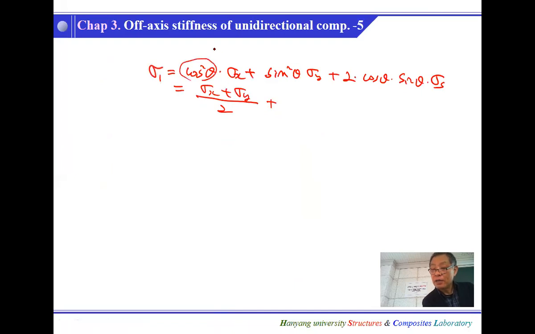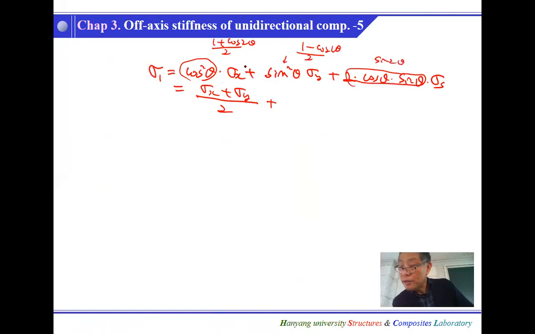Okay, this one, 1 plus cosine 2 theta, and this one, 1 minus cosine 2 theta, and this one is what? Sine 2 theta. Let's put it here. So this half and half comes to here, and this is the minus.